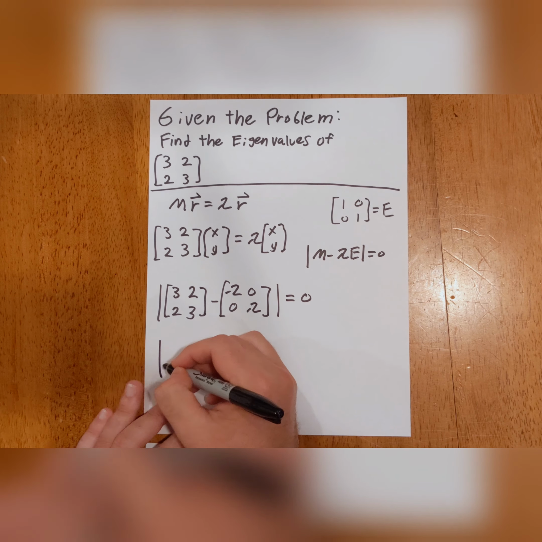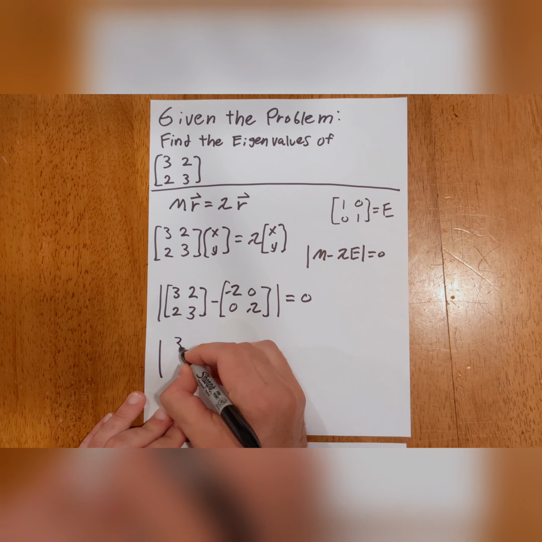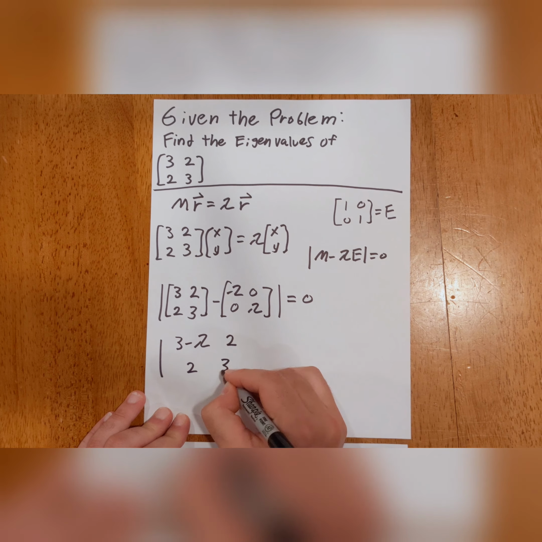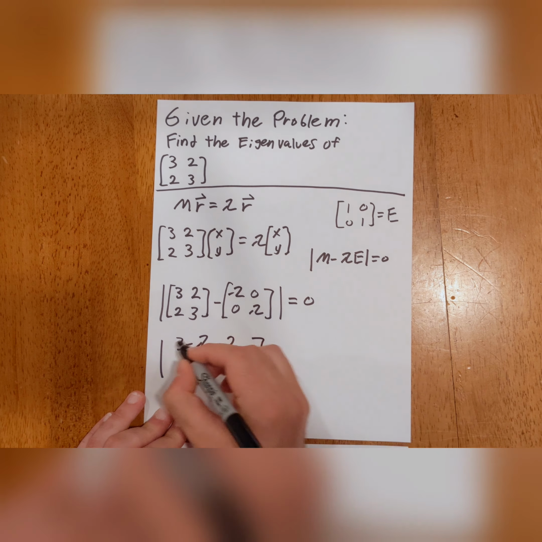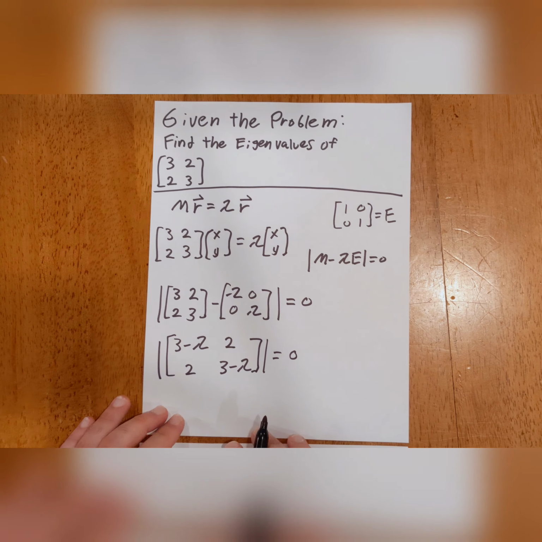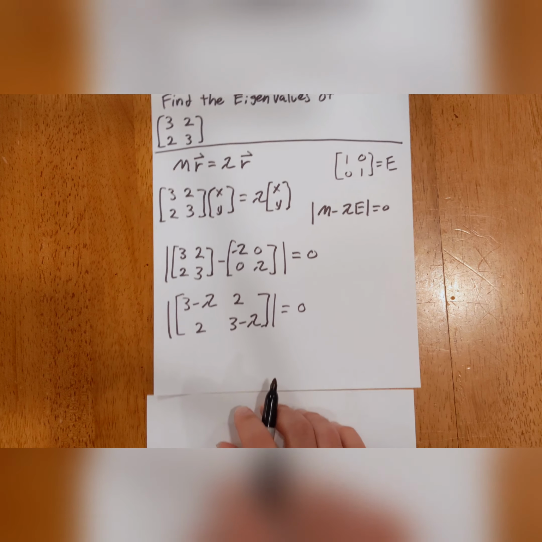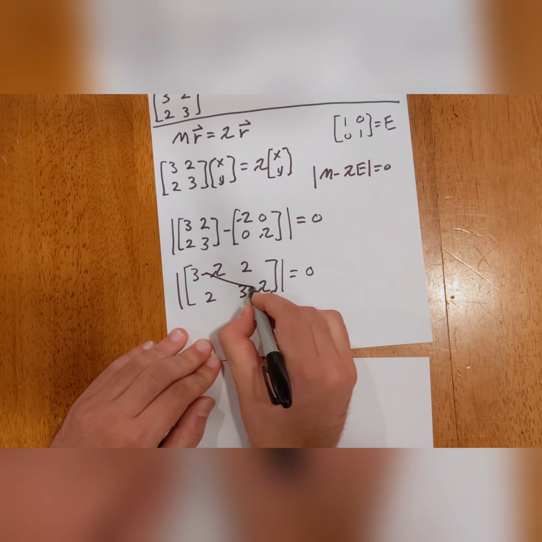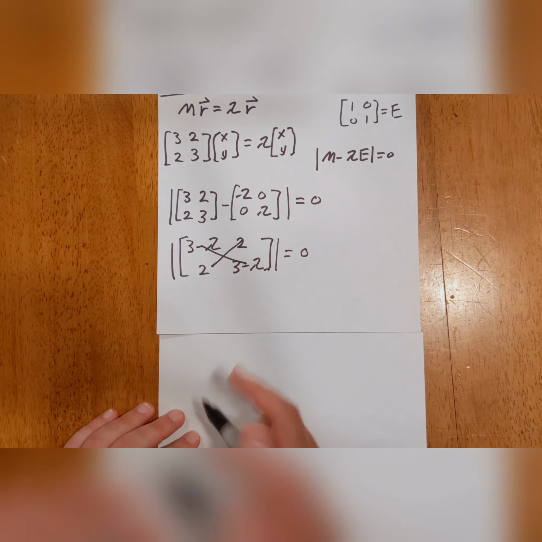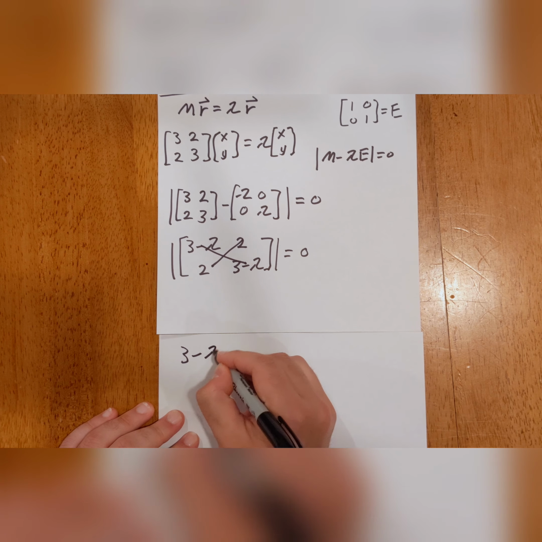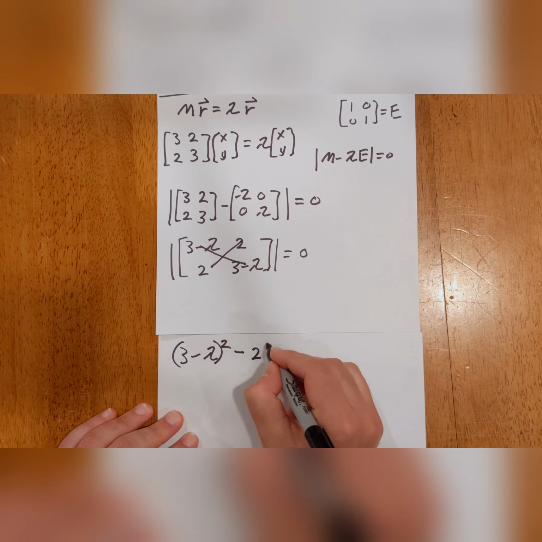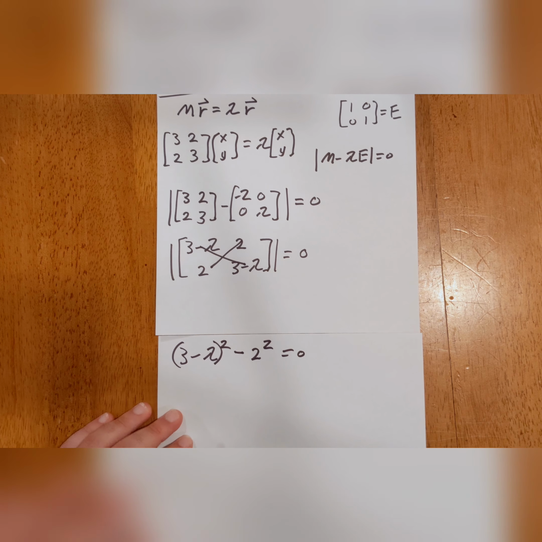Simplifying this further, we're going to get [3 minus lambda, 2; 2, 3 minus lambda] as a matrix, whose determinant is equal to 0. Now, to solve this, we're going to multiply these two, and then subtract the multiplication of these two. So we get (3 minus lambda) squared, subtracted from 2 squared, is equal to 0.